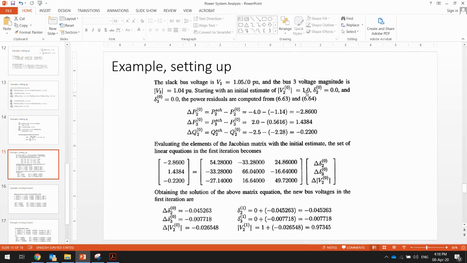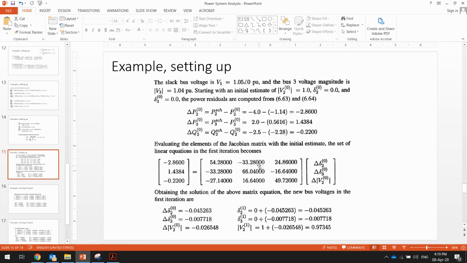You can also apply these 3 assumed values into the 9 Jacobian equations that we have formed, and put them inside this matrix. So how do you arrange them? It depends on how you arrange the unknowns. If we arrange the unknowns delta 2, delta 3, and V2 in this order, then this value is obtained from the partial differentiation of P2 with respect to delta 2.